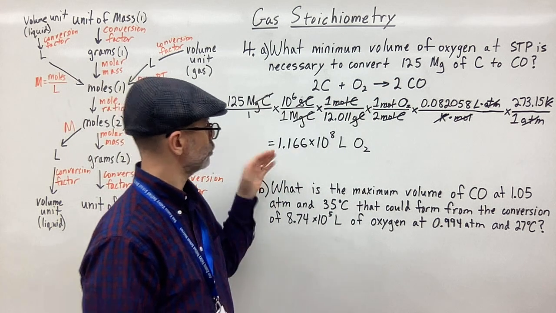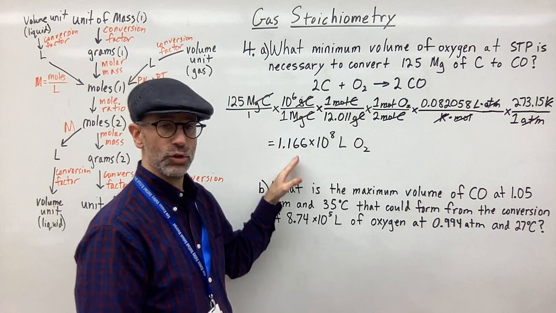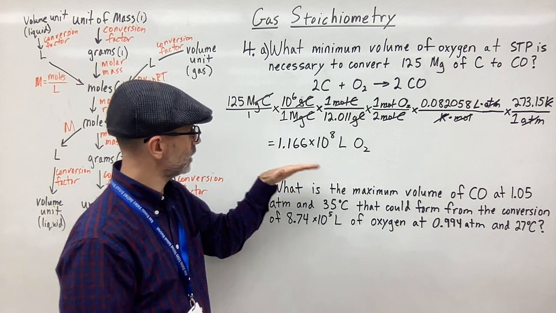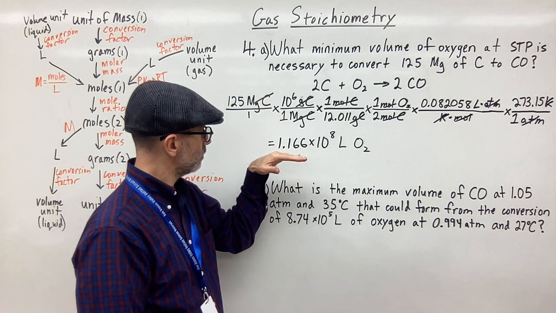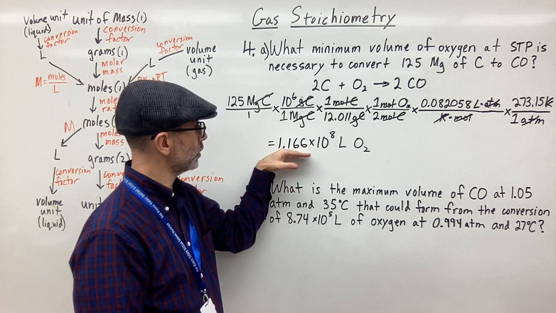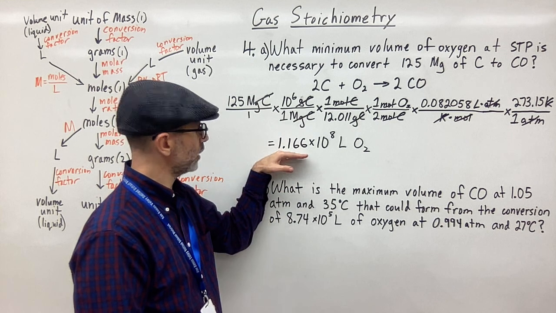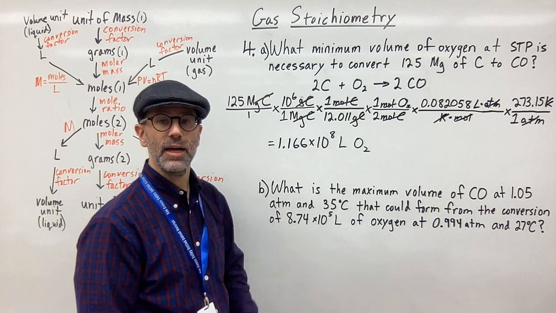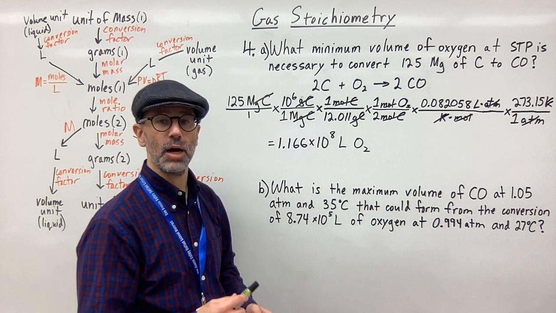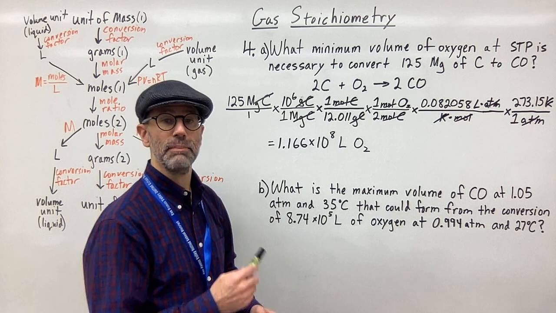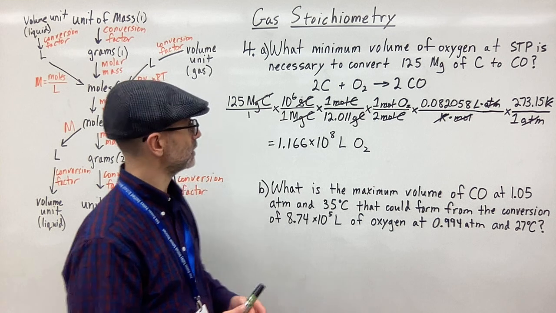So let's go back to sig figs here. For those of you interested in the sig figs, remember what we need to do is limit this to the number of sig figs required. The rule is when you're multiplying and dividing, the number of sig figs in your answer should be the same as the number of sig figs in the measurement with the least number of sig figs.